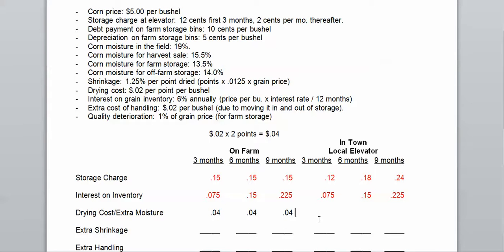For on-farm storage, whether we keep it 3 months, 6 months, 9 months, it's 4 cents of extra drying. In town, we're only going to take 1.5 points. So 1.5 points times 2 cents is 3 cents of extra drying cost.